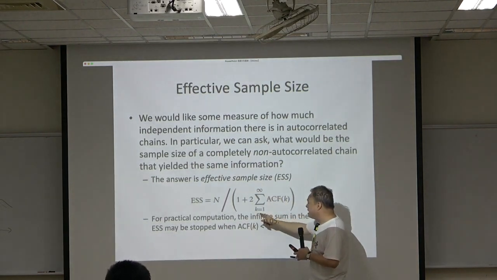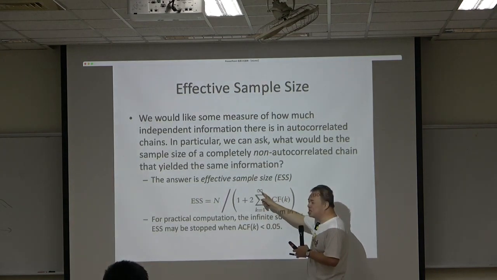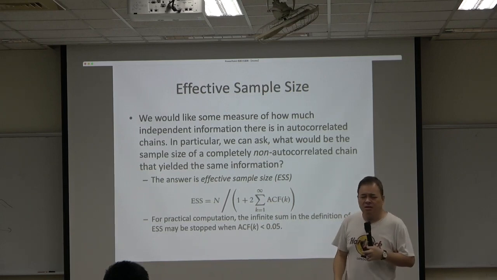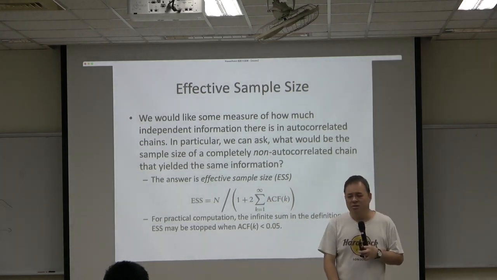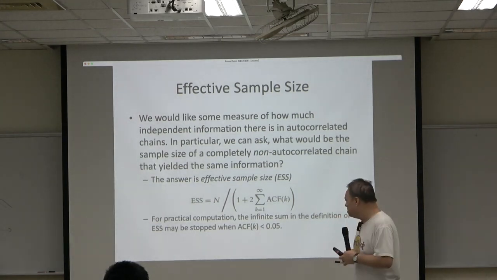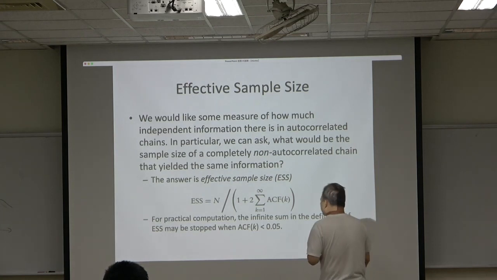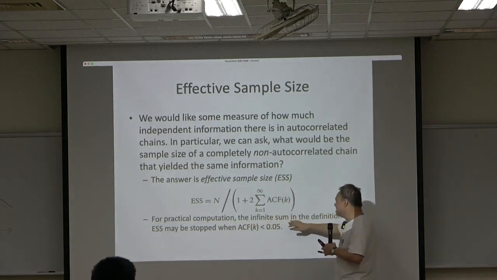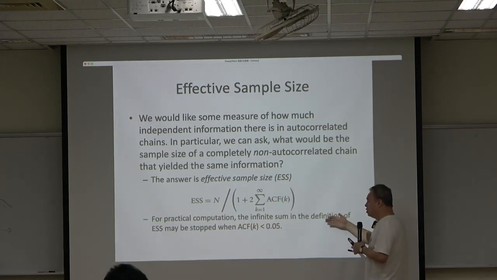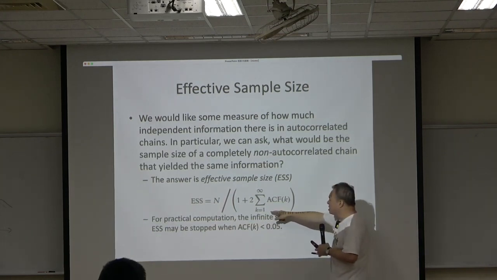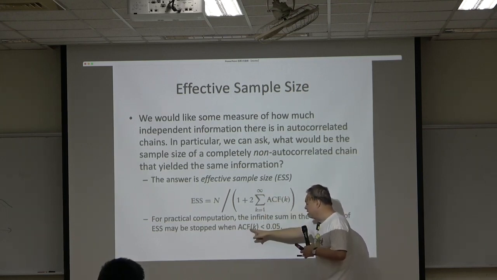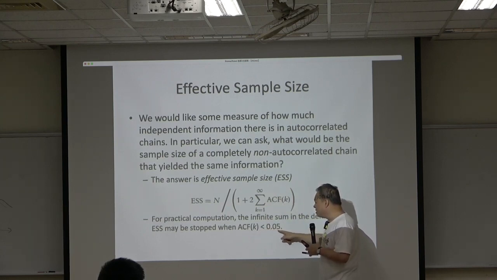You may say, well, this is k from 1 to infinity, how can we calculate that value? It looks difficult, because it's an infinite series. But in practice, you don't need to sum all the way to infinity. As long as you get a term that is smaller than 0.05, you can stop.